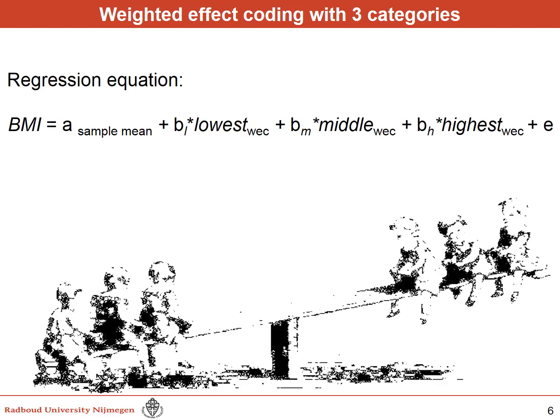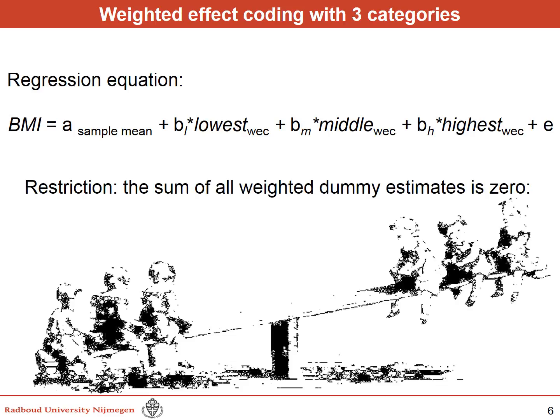And as you can see, this is a regression equation that normally has a problem because we have an observation for the sample mean, which is equal to the intercept, and we have three parameters over here, which normally will lead to a redundancy, and one of the categories would be omitted from the equation.